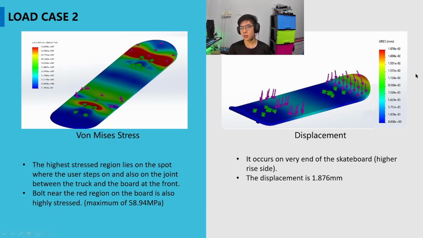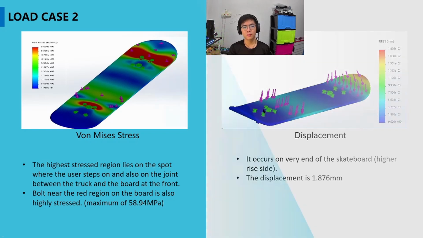So this displacement here is found to be 1.876 millimeters. While the front part where he steps, there is almost no deflection. It is very small, which is around the green and the cyan, 7.504 × 10^-3 and 5.628 × 10^-3 millimeters.